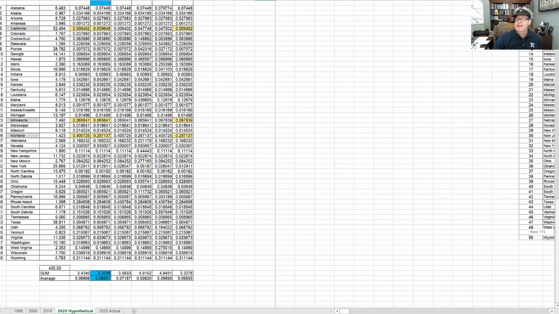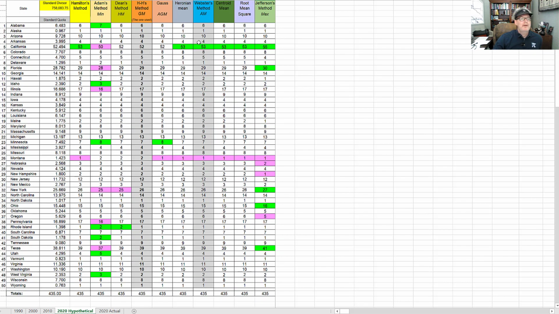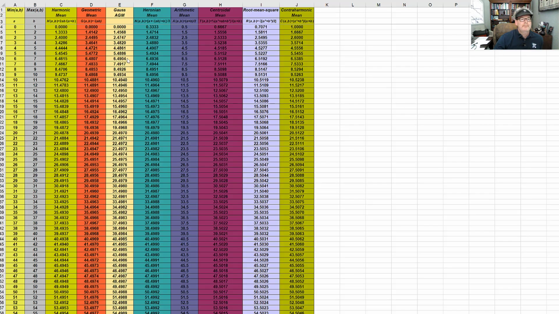But maybe you can make an argument for Webster, or just for fun, if you're a crazy mathematician person, you can use the mean that is in between the two, Webster and Huntington Hill. It seems that Gauss will actually more likely be like Huntington Hill because that mean is closer that way. Again, one last look at some of the means. With Adams, you always round to the min, and Jefferson, you round to the max.